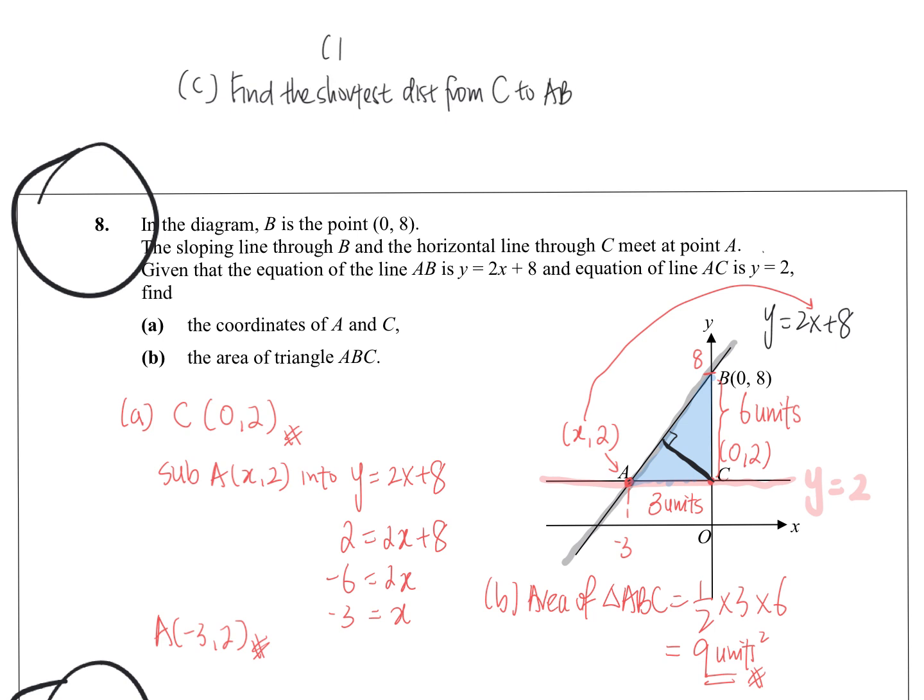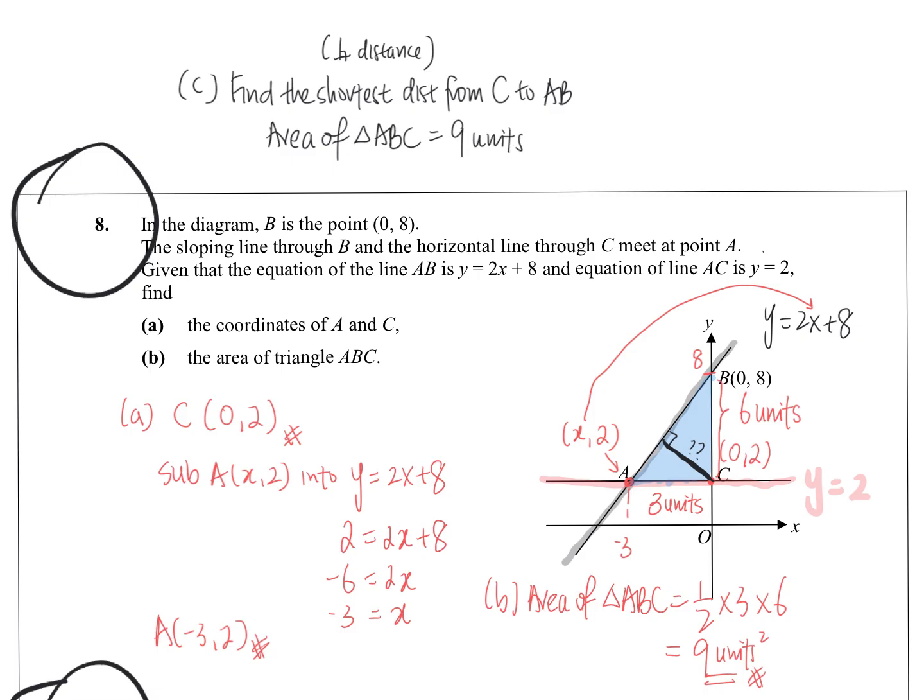It means the perpendicular distance, it's the same thing. So if I ask you to find this, use the area from part B to help you. Meaning, I already know the area of the triangle ABC is 9.